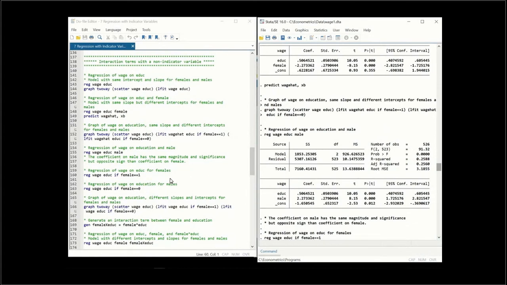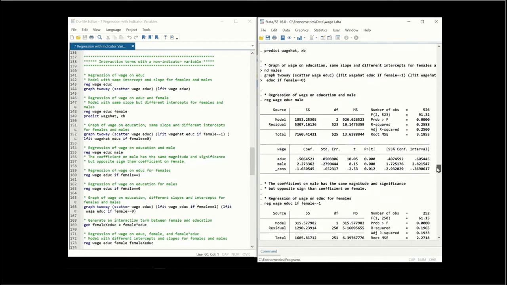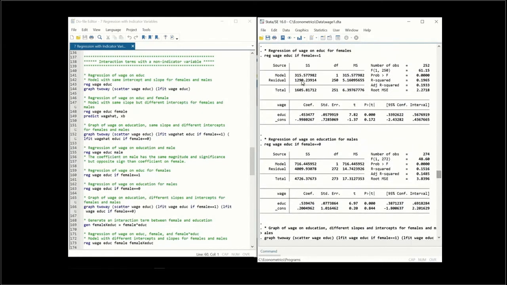So now we can actually run a regression of wage on education if female equals 1. This will be a regression of only the females. Notice how we have fewer observations. And we can do a regression of wage on education if female equals 0.